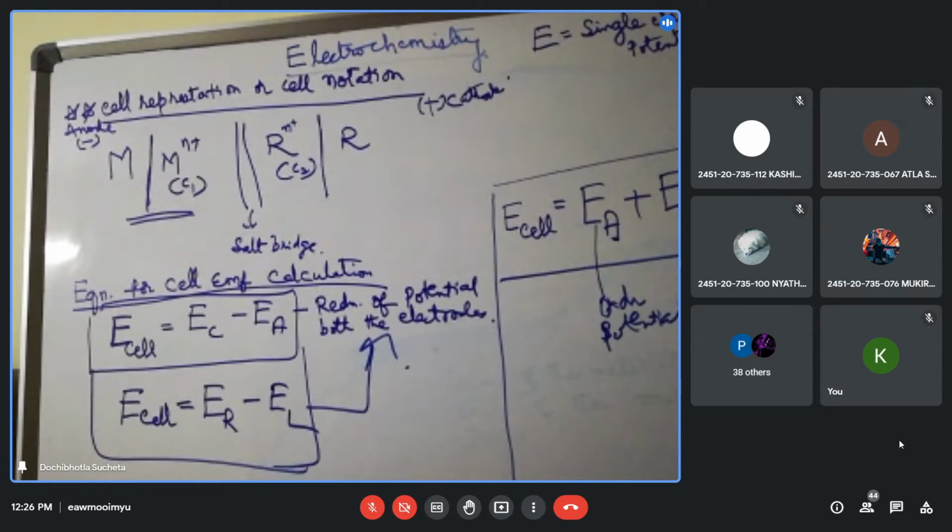In galvanic or voltaic cells, where there is net electrical output and the cell reaction is spontaneous, anodes are negatively charged and cathodes are positively charged, which is exactly opposite to electrolytic cells.